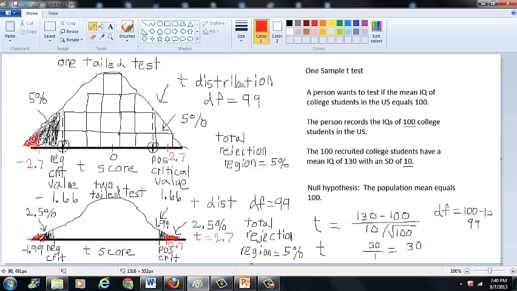My drawing isn't accurate, but if you considered my shading to be correct, then the p-value would be about 0.025, which is less than 5%. If we wanted to get the real p-value, we'd have to look it up.